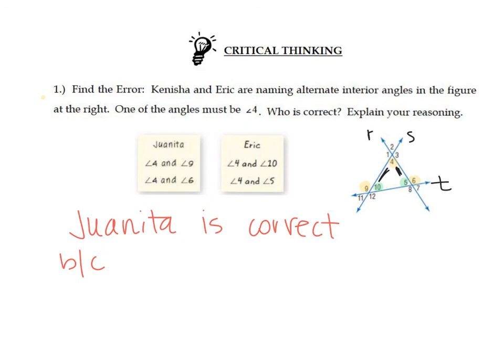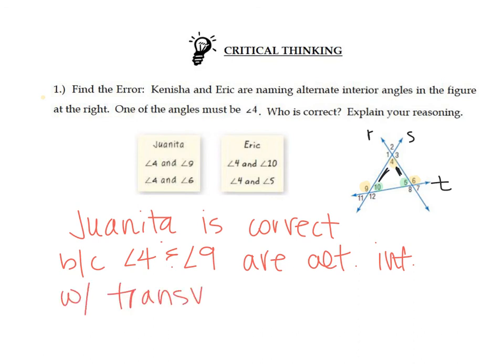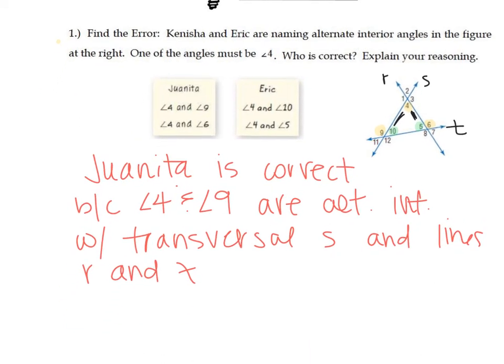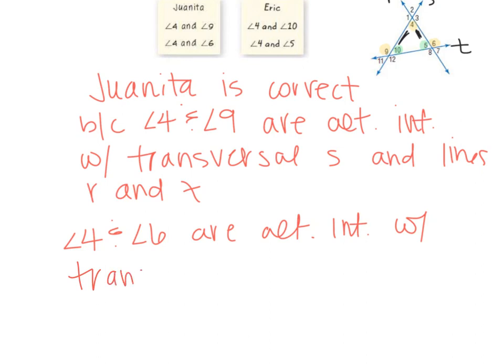So we can say because angle 4 and angle 9 are alternate interior with transversal S and lines R and T. And then similarly, we'll have an explanation where angle 4 and angle 6 are alternate interior with transversal R and lines S and T.